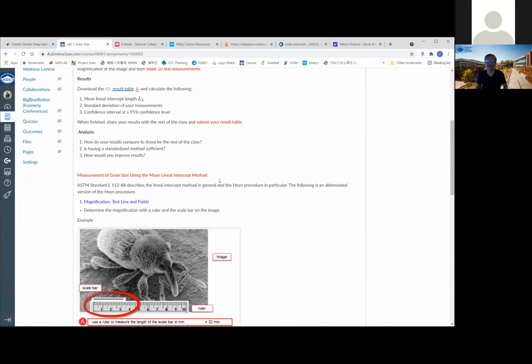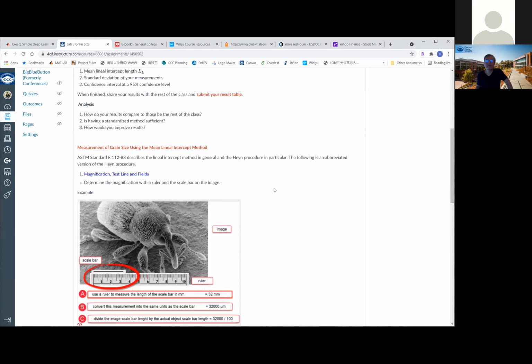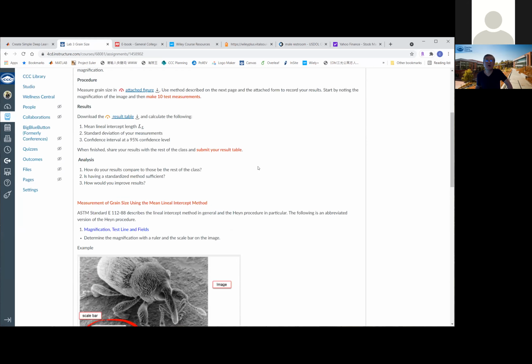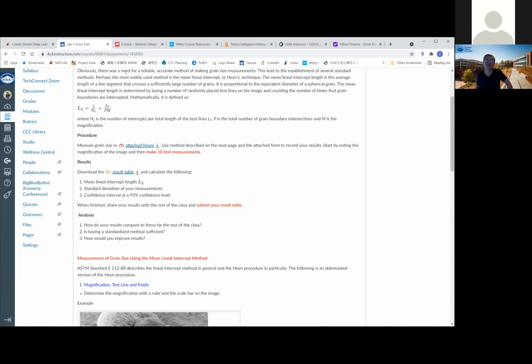There's an ASTM standard that tells you how to work on this. This method is called the mean linear intercept method, and it is based on this equation, the L_L equation over here. What we are trying to find is this L_L. This L_L tells you the information about the grain size.